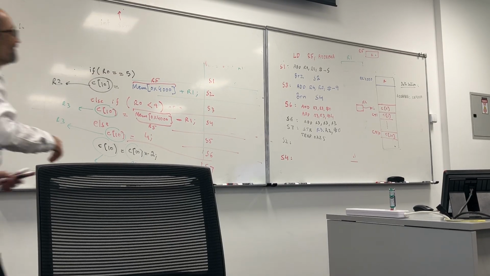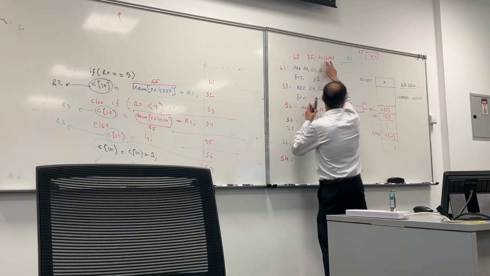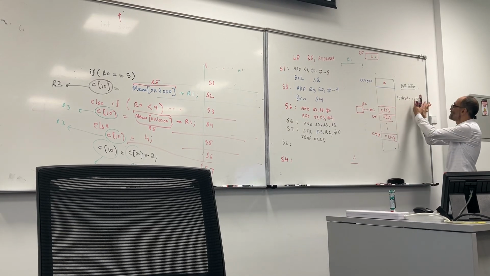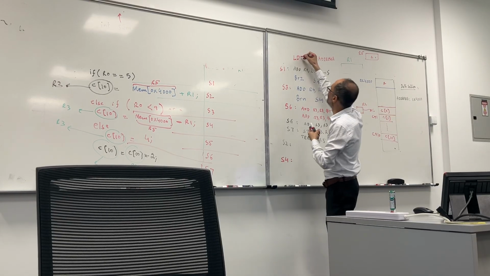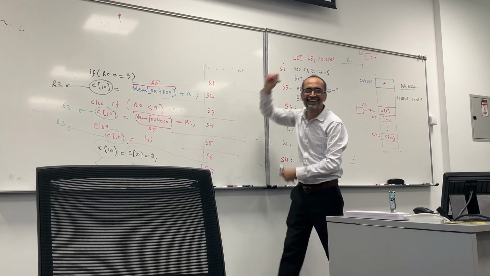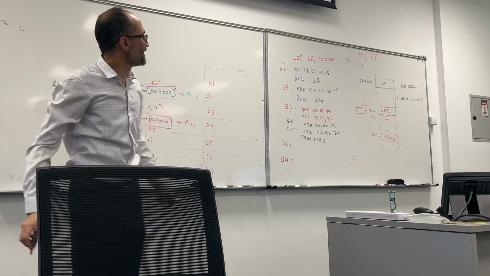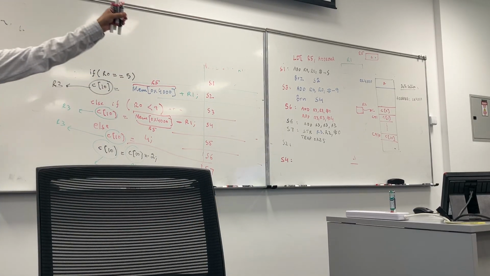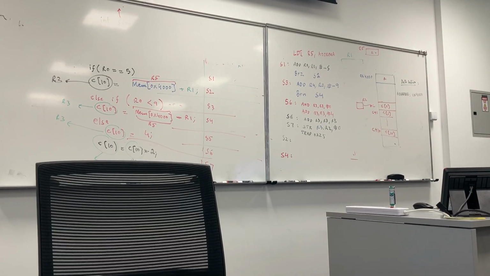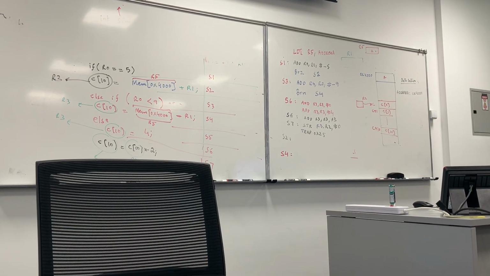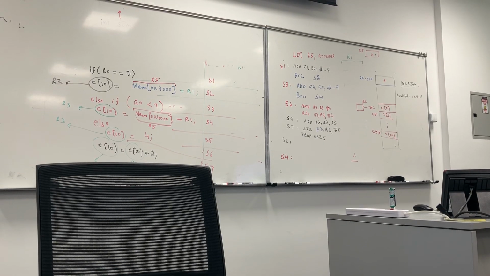The problem is that when I have R5 as the address of A, this will load. Yeah, LDI, you're right. Because LD will store what? 0x400, and LDI will store the content. You're right.